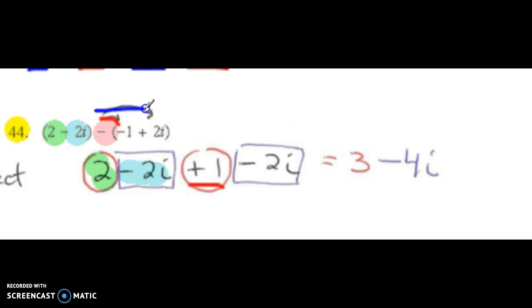Negative times -2i, that's how I got the -2i. And then I put circles around my real numbers and combine them. That's how I got 3. And then I put squares around my imaginary numbers, and that's how I got -4i. Remember, the operation goes with the number after it.